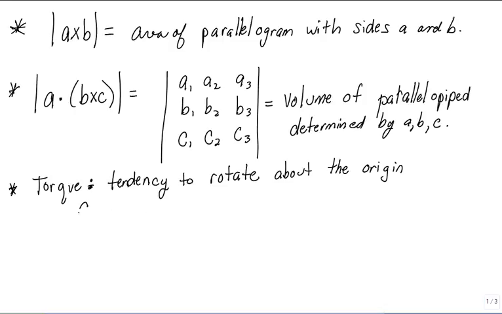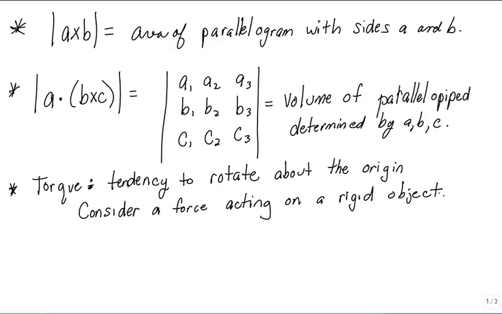So if you think about it, you're going to consider a force acting on a rigid object. So the rigid object would be the bolt, and the force would be what the wrench is doing to the bolt, at a point given by position vector r.